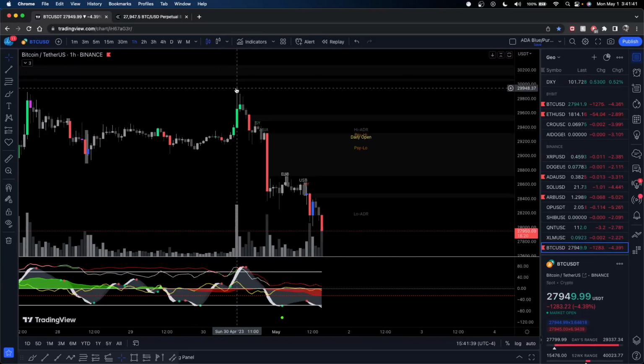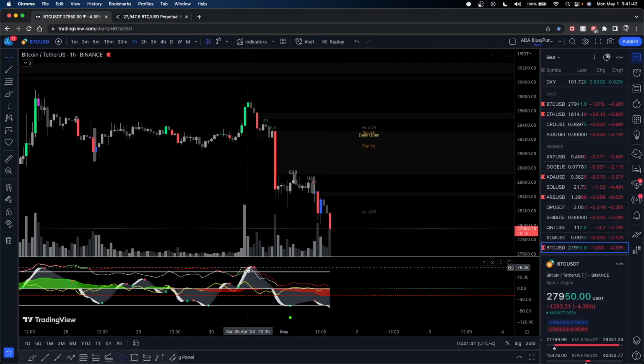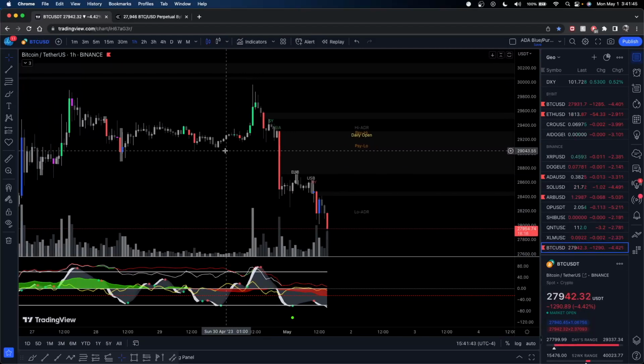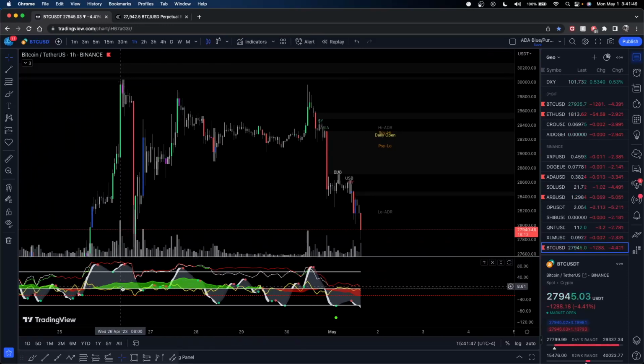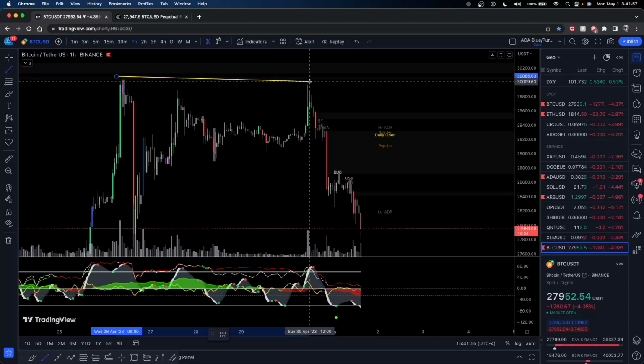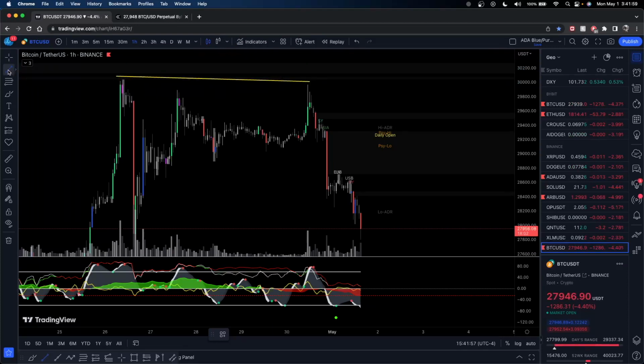So 3 green vectors while we're topping out on Market Cipher B. While money's coming down over time, look at this, money flow is significantly coming down, while the momentum is coming down. Is this a bear div?